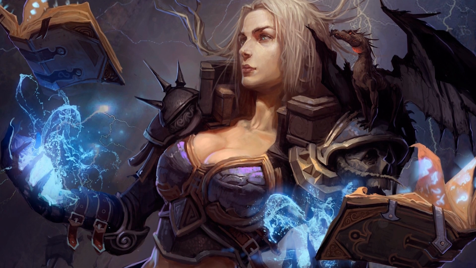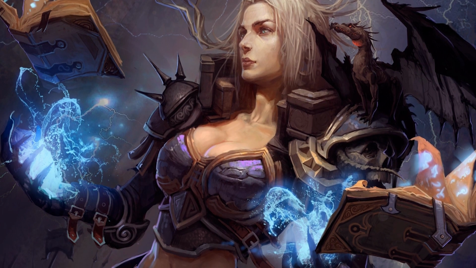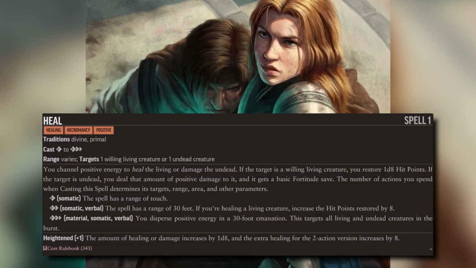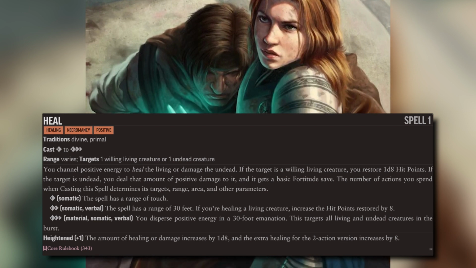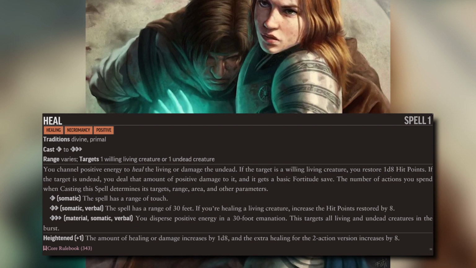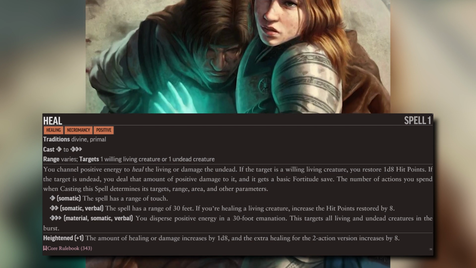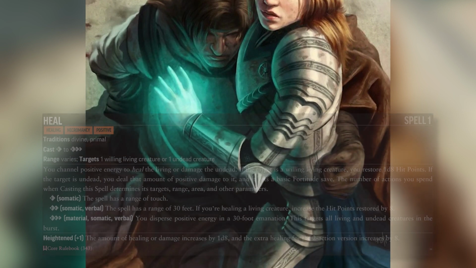Alongside the myriad of options you have, some spells have multiple ways of casting them, like Heal. 1 action for a touch range heal, 2 actions for a 30-foot heal with a bonus added to it, and 3 actions for a 30-foot AoE burst heal affecting friends and foes alike.